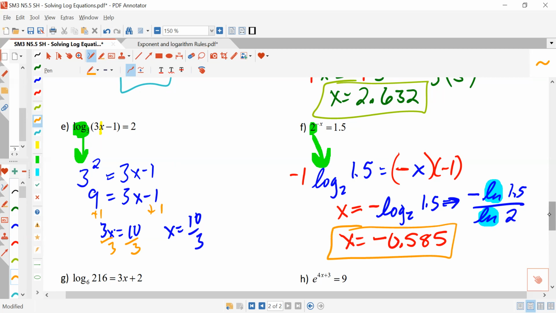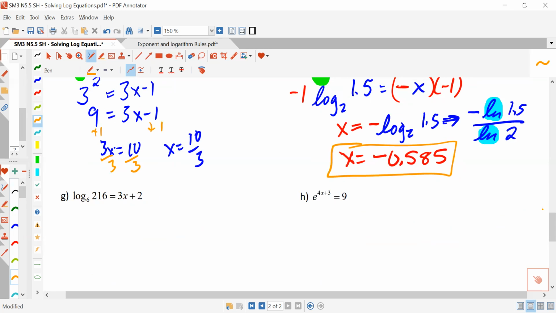Okay, same idea. Notice on this one, x is already outside. I think 216 is a power of 6, so I'm going to just try 6 squared is 36, 6 cubed, 6 to the third.